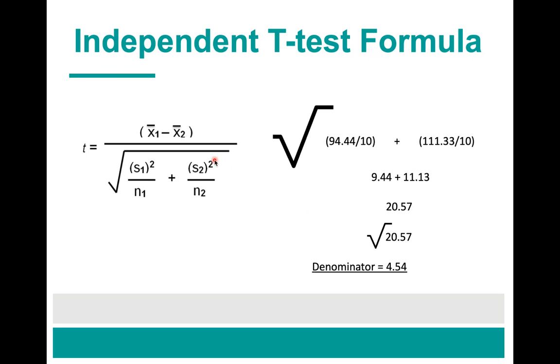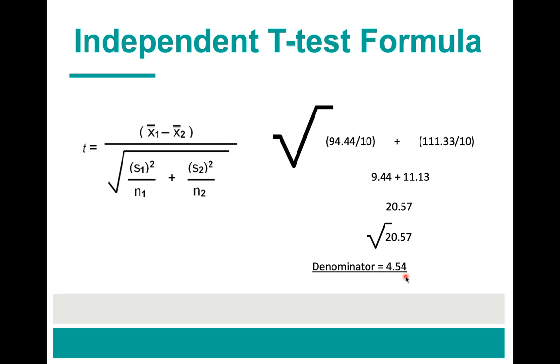So that's the result of everything under the square root, right? We took each s squared and divided it by its n, and then we added them together to get 20.57. Then we have to do the square root. Square root of 20.57 gives us a denominator of 4.54.